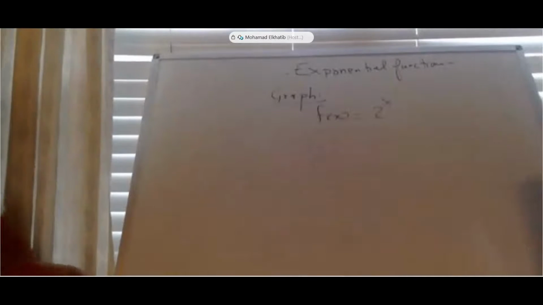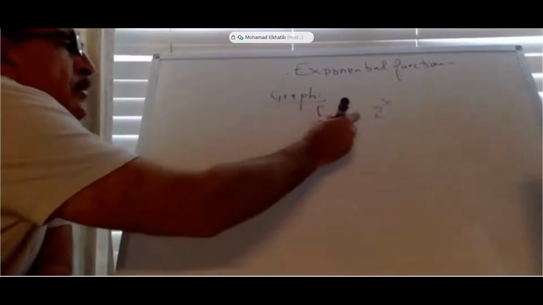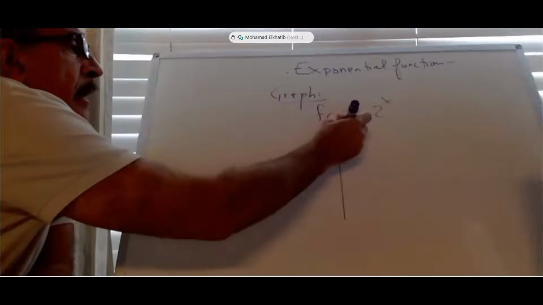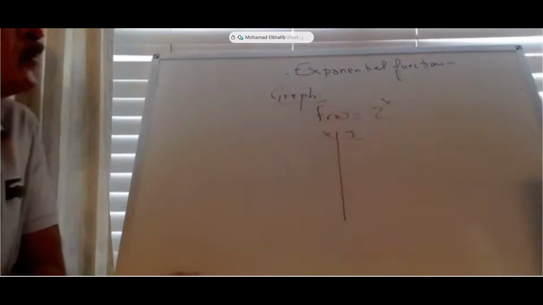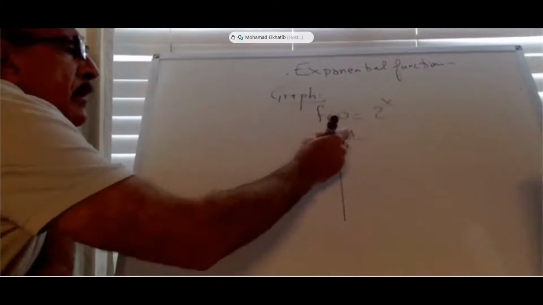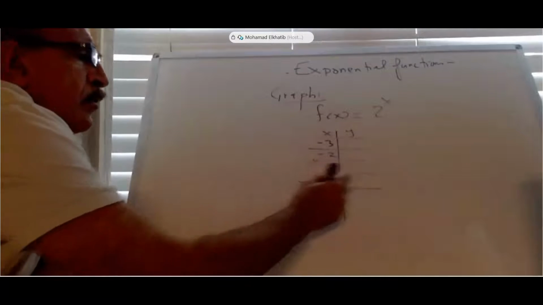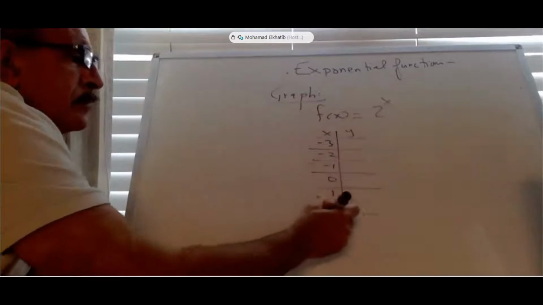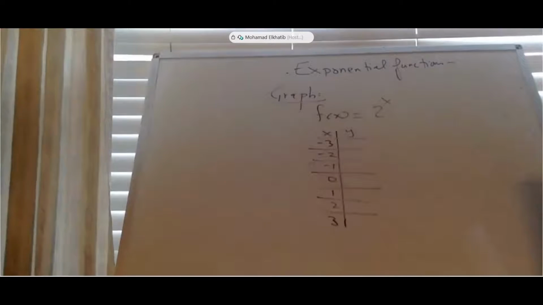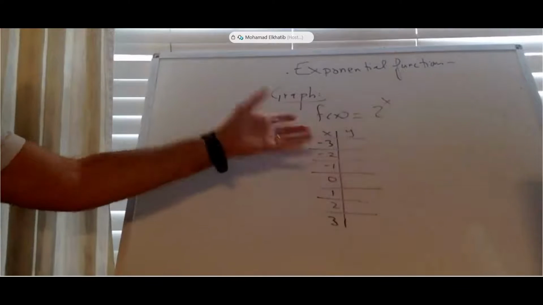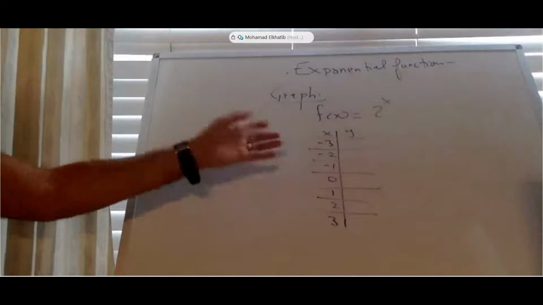Since I don't know what the graph is going to look like, I make a table. I can call f of x as y. So I'm going to pick some negative numbers for x, and I'll pick 0, and I'll pick some positive numbers. So you notice I pick numbers that are very diversified, some negatives, 0, positives.